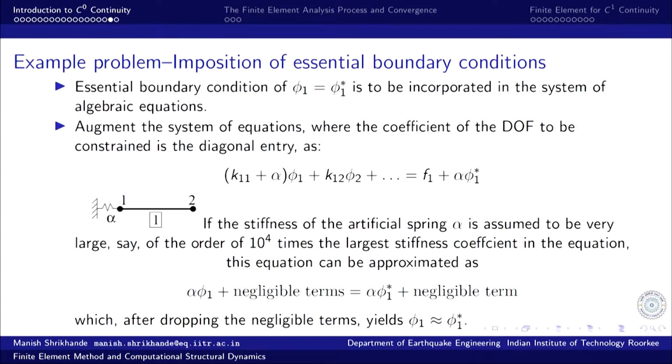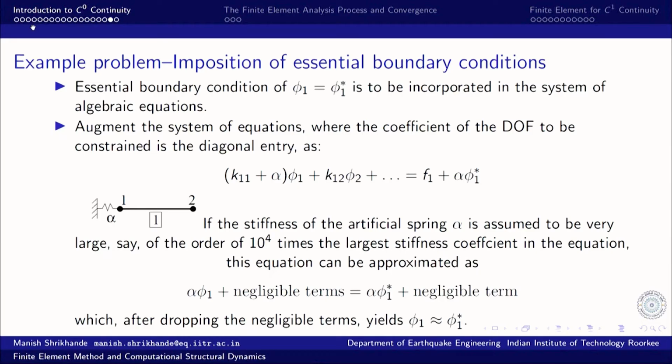Once these are incorporated, the system of equations can be solved for the unknown variables. And with these unknown nodal values of the primary variable known, we can go back to element level equations and find out the secondary variables that are of interest for the problem.